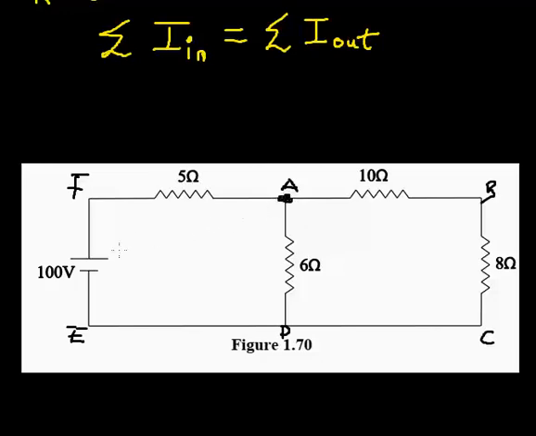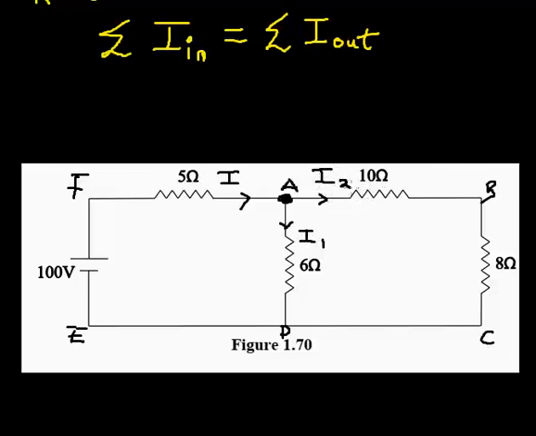Why? Because the source current, let's say the source current is I, as it reaches this node A, it branches, it divides. Some current will enter the 6 ohm resistor, so let me call the current entering the 6 ohm I1, and the one passing through the 10 ohm I2.